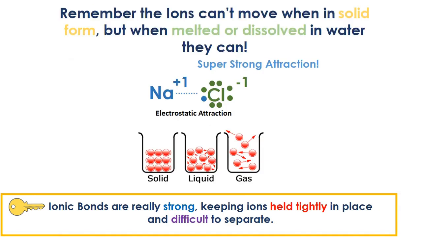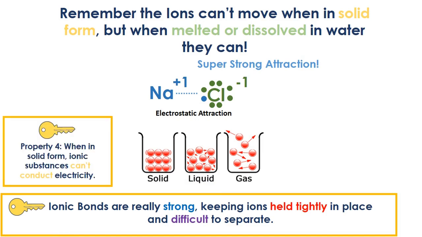Another thing to consider is that the ions in a solid can't really move. They just vibrate back and forth. But when these ions are either melted or dissolved in water, they can move around. So that leads into our next property.